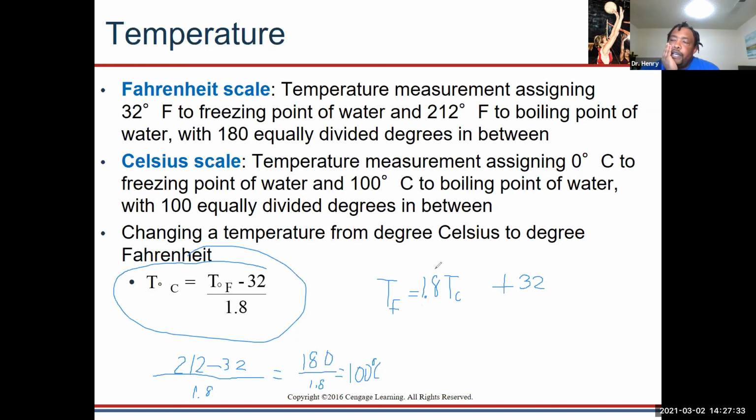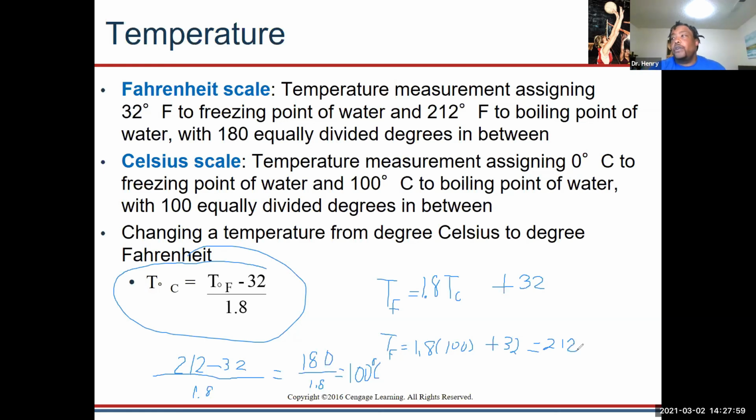If I do the same thing and put 100 degrees Celsius in here, that's 1.8 times 100 plus 32, and that's going to equal 212.